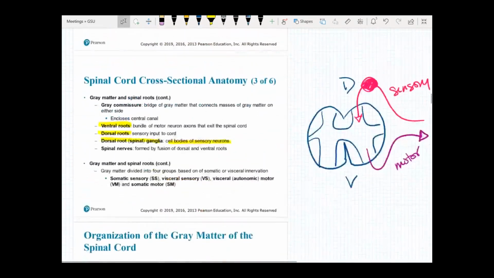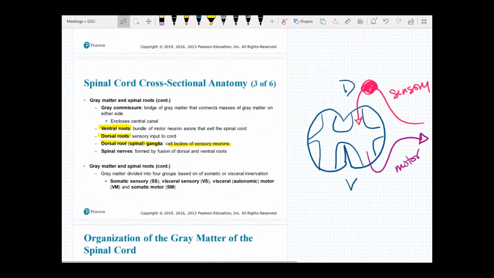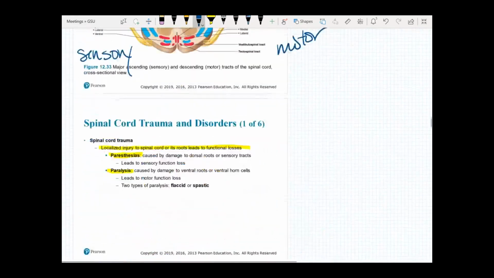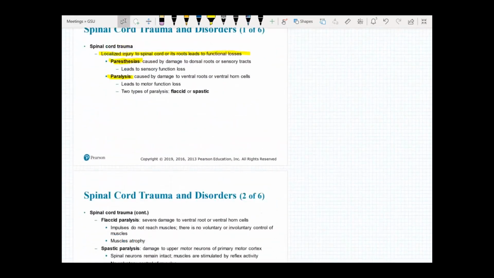So when we come back up here and look at our sensory and our motor, basically any damage on this side is going to be paresthesia, and any damage on this side will be paralysis. That is the difference in damage on the front or back: it can be sensory or motor damage.